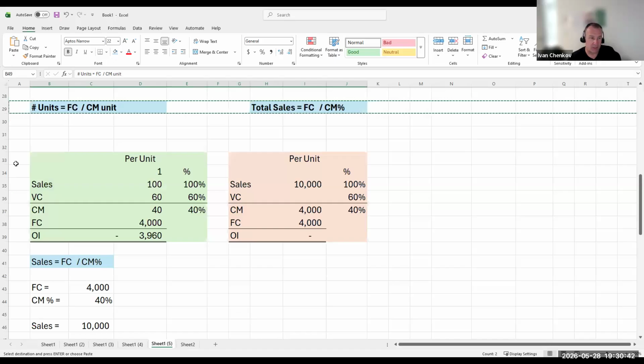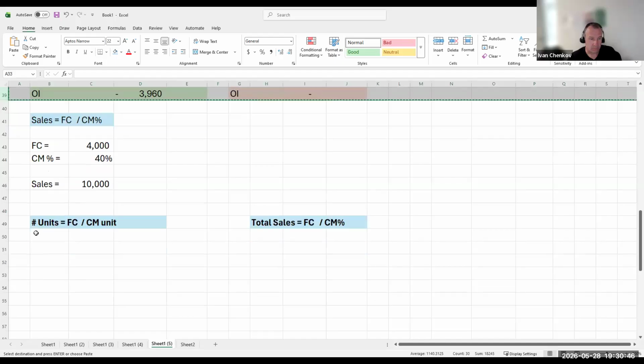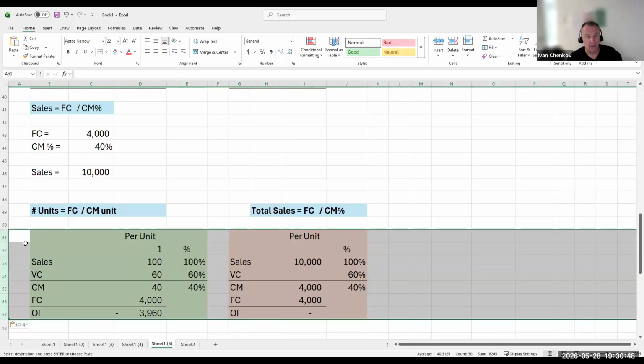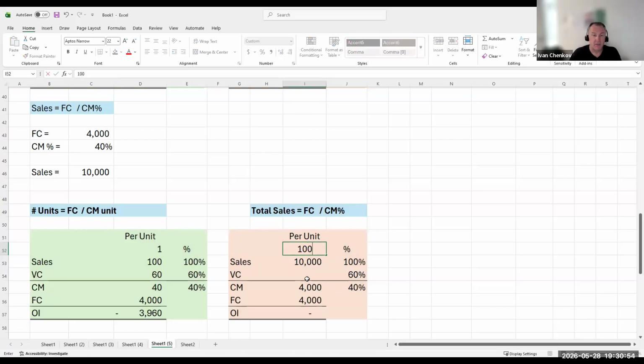And we already came up with the idea that in our scenario here, in order to come up with the break-even, either we have to sell 100 units, or we need to achieve $10,000 in sales.